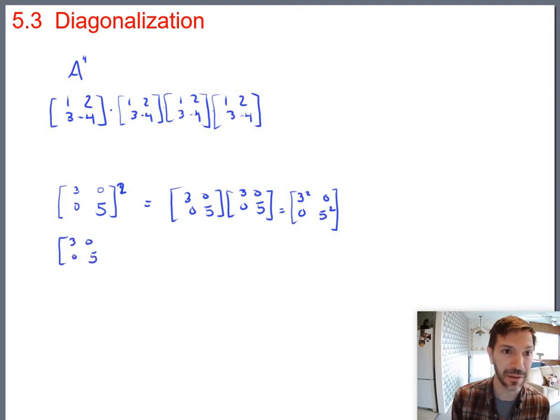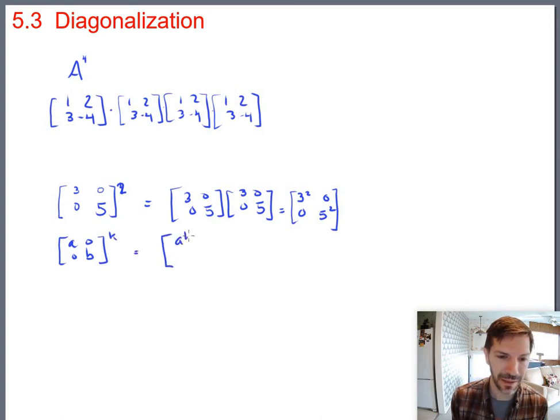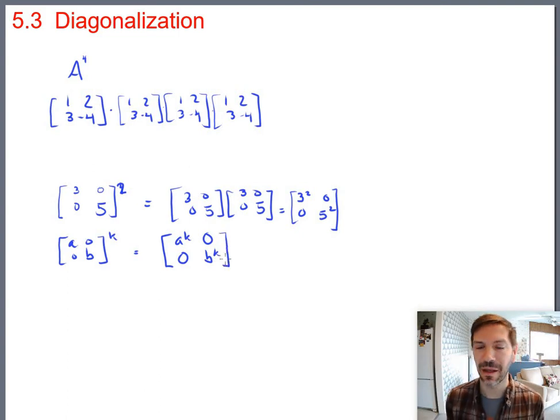3, 0, 0, 5. Actually, let's be even more general than that. And let's just say a and b. Got a there and a b there to the kth power would be a to the k, 0, 0, b to the k. And this works. This is not just 2 by 2s.